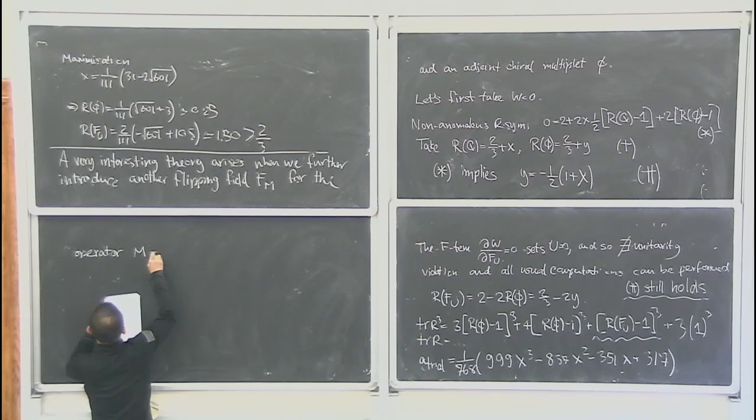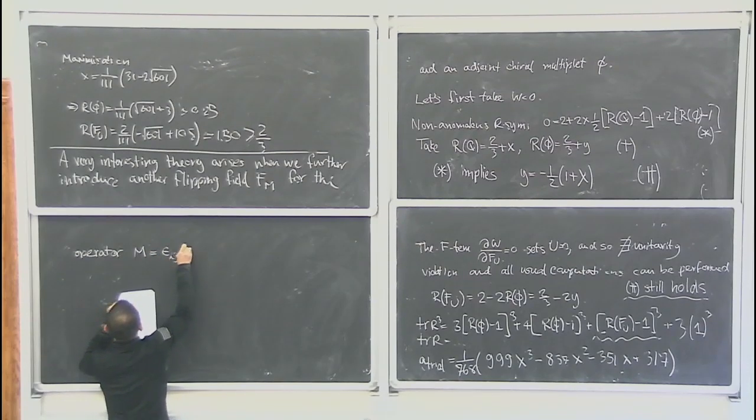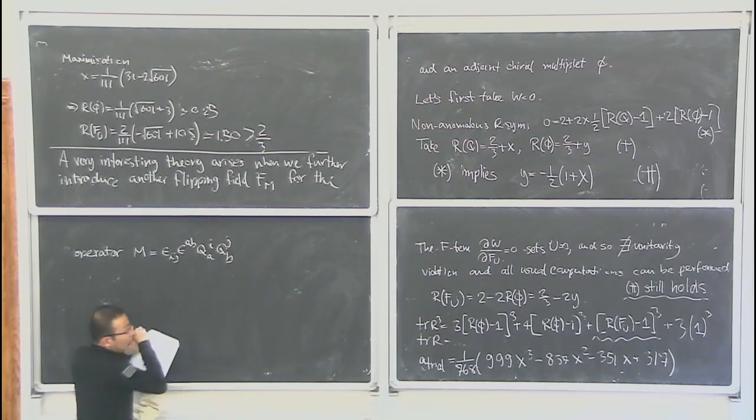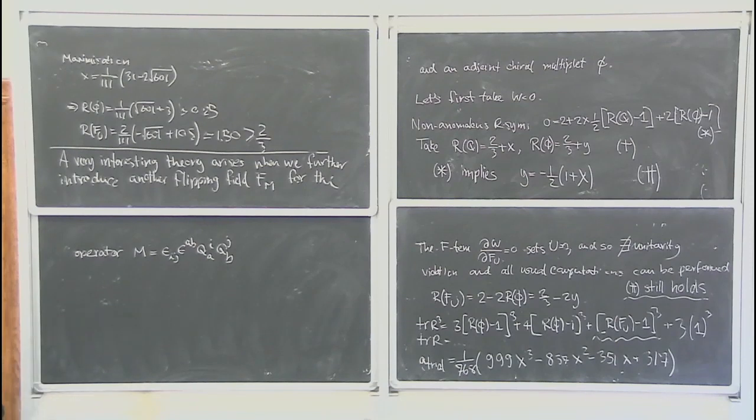M equal to epsilon ij, epsilon alpha beta, Q a I, Q j b. You agree I can form this operator? I have two SU2. One is flavor, one is color. I contract both of them with the epsilon; these are singlets. And take W to be this one.